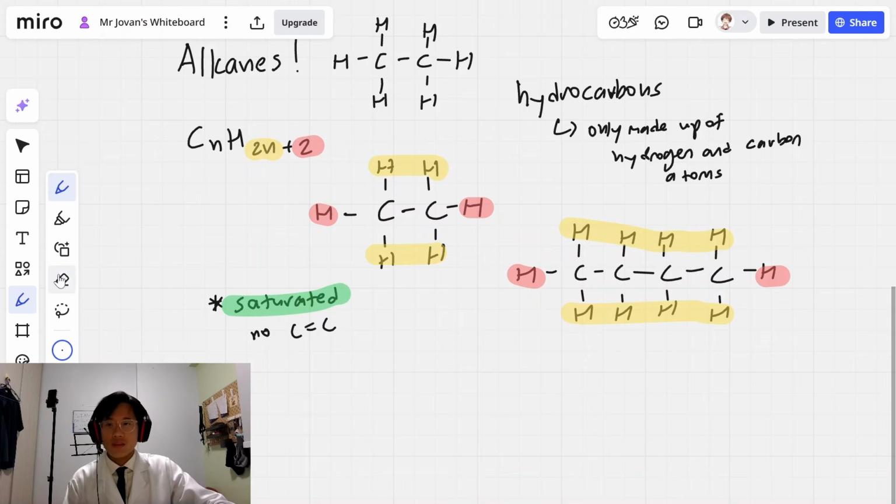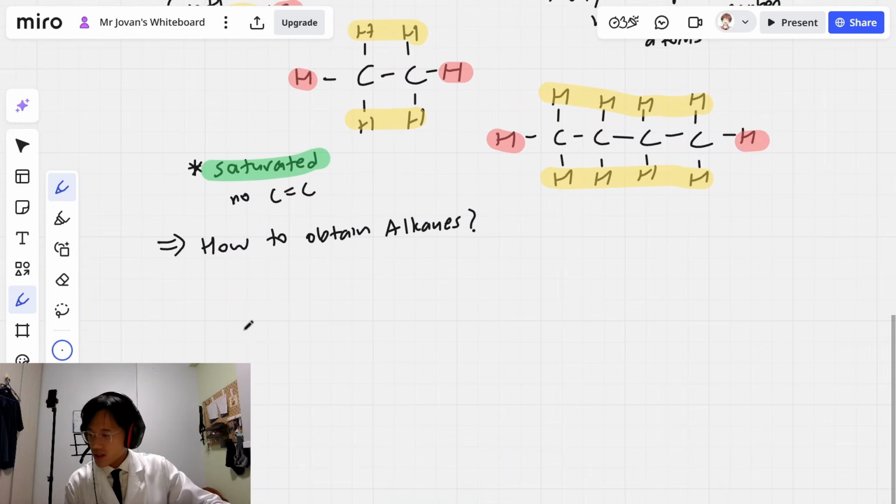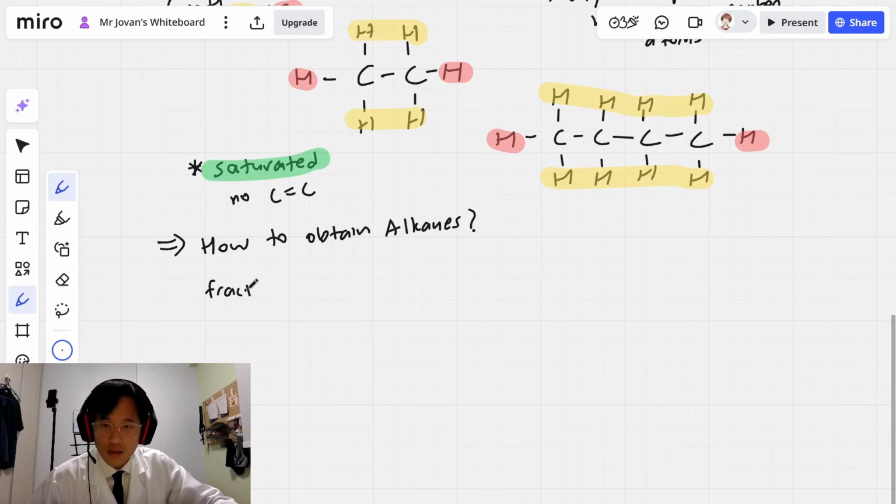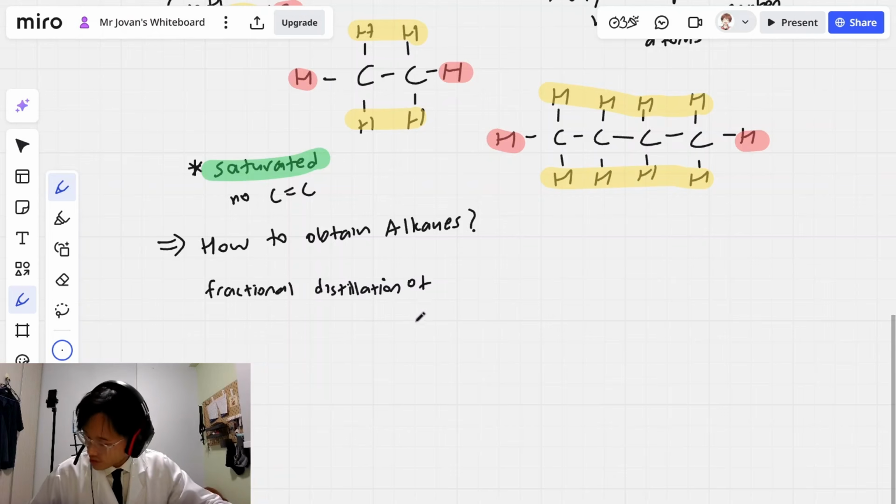Now, let's learn about how to obtain alkanes. Alkanes are actually obtained from the fractional distillation of crude oil.